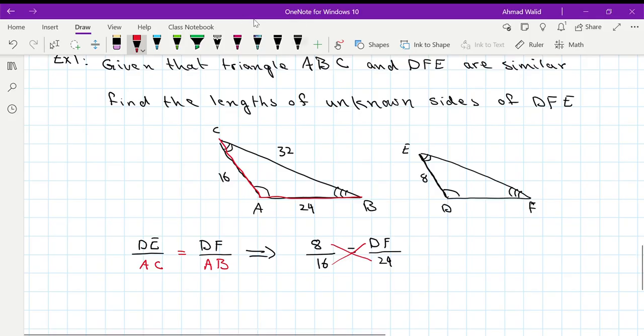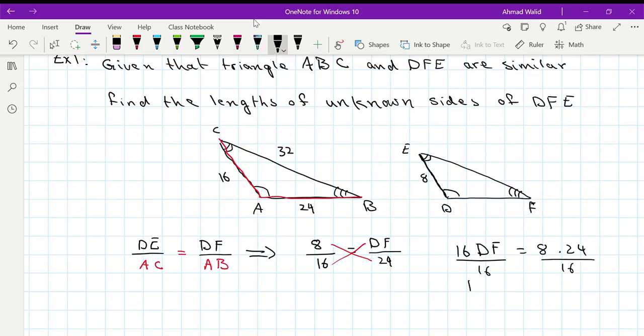If you do cross multiplication, you can write 16 DF equals 8 times 24. If you solve it for DF, you can divide both sides by 16. Let's make it smaller first.